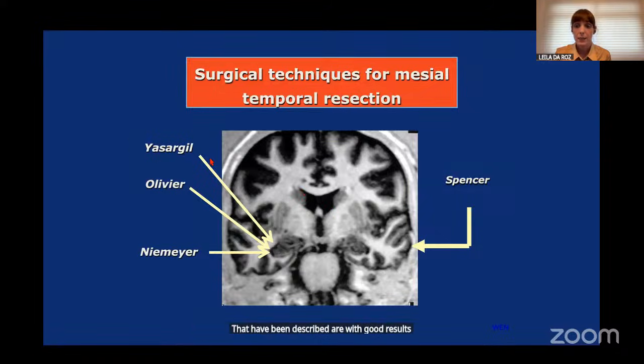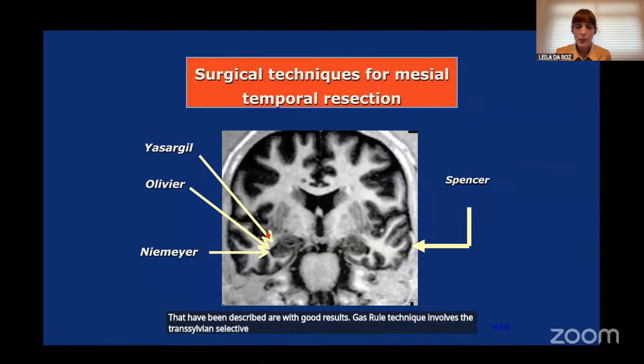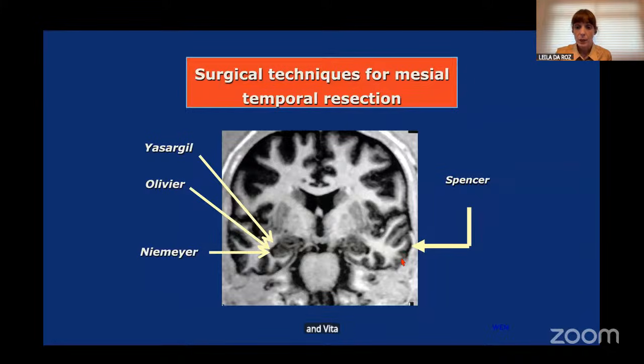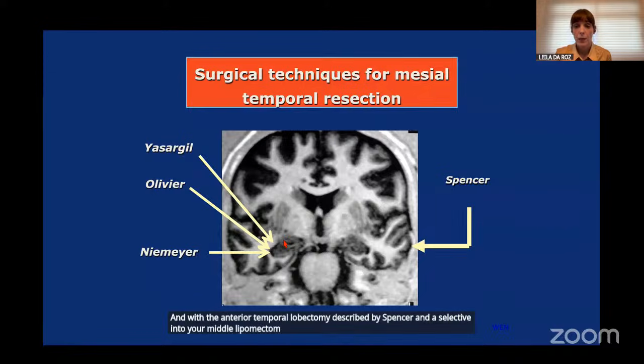The Yasargil technique involves the transsylvian selective amygdalohippocampectomy. Niemeyer and Spencer's techniques are performed through the middle temporal gyrus, with anterior temporal lobectomy described by Spencer, and the selective transcortical amygdalohippocampectomy described by Niemeyer.